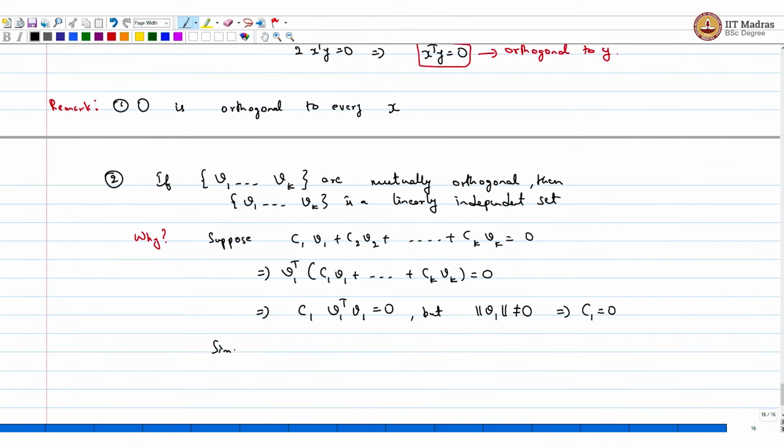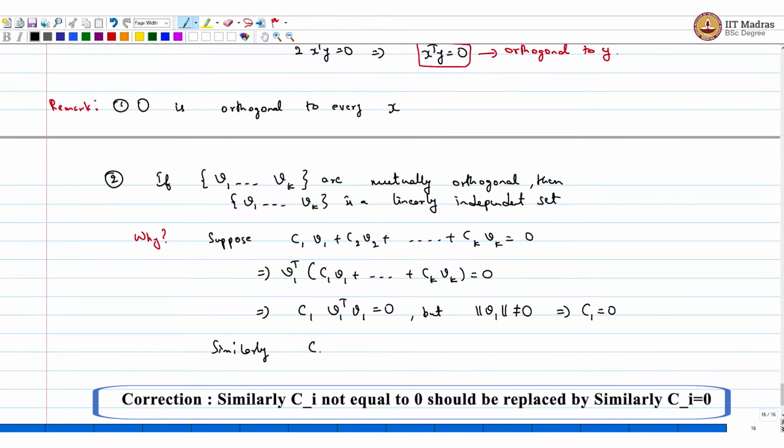Similarly, ci equals 0 for all i. Let me put it like this: a mutually orthogonal non-trivial set of vectors, so these are not the zero vectors. So assuming 0 is not part of this, we get this. That's the end of this claim.